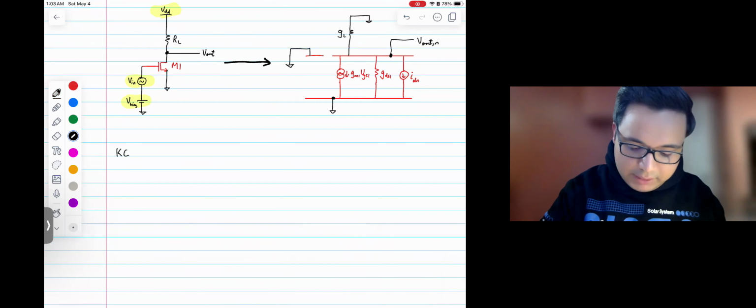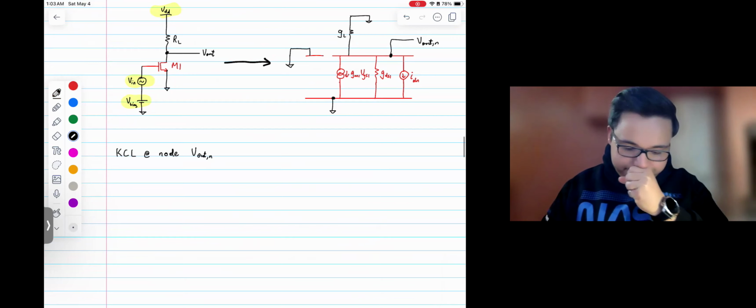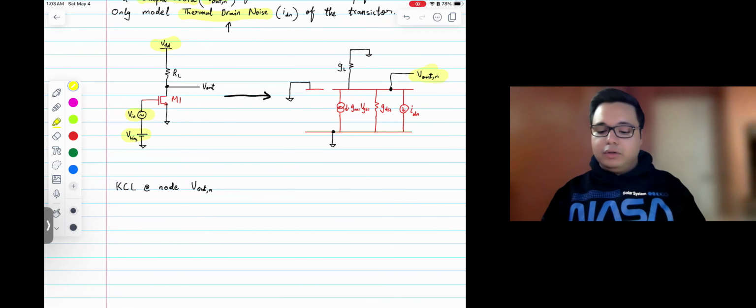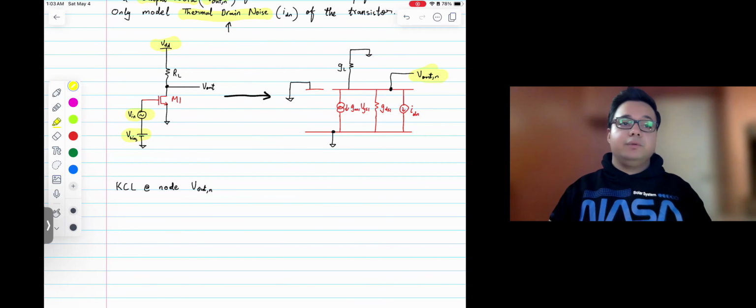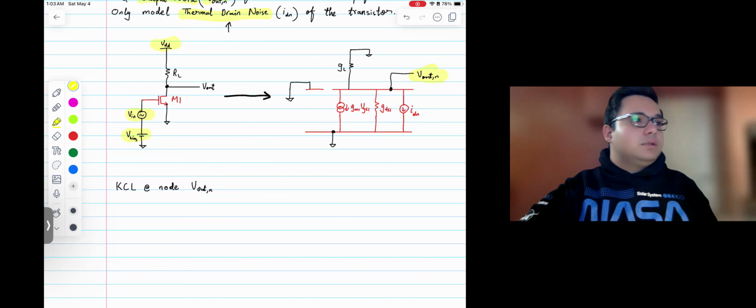First, we can do KCL at node V out. Sorry, this is the node we're trying to look at and find the output noise at, right? So let's look at some equations.